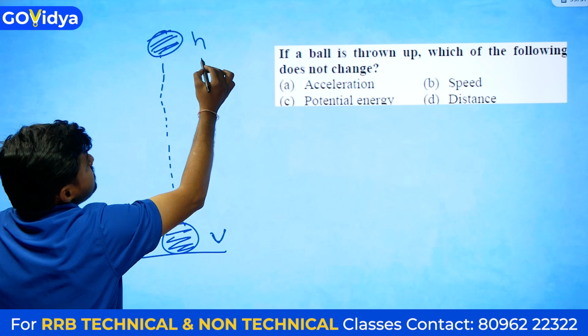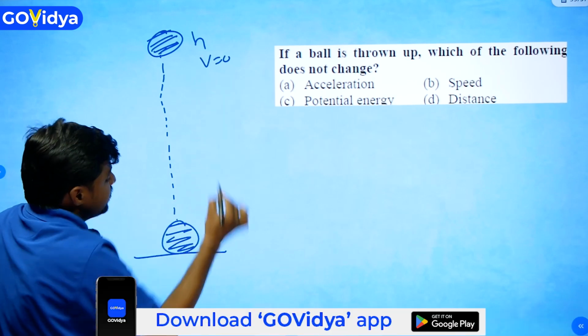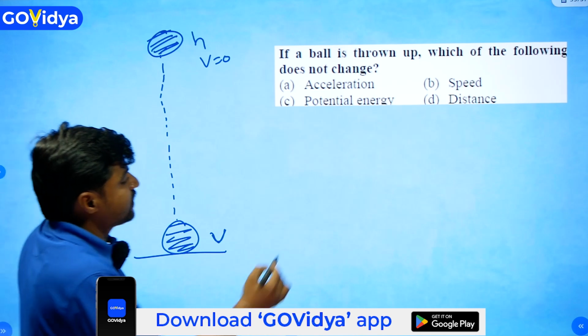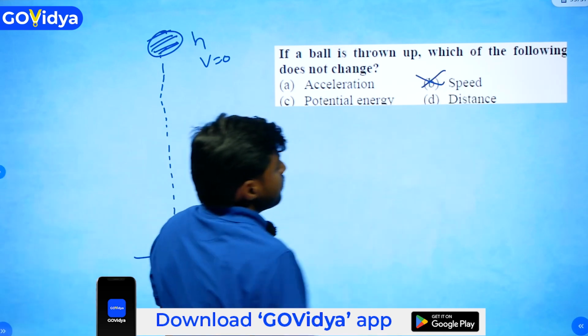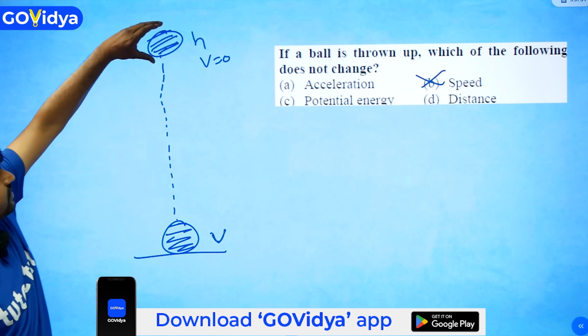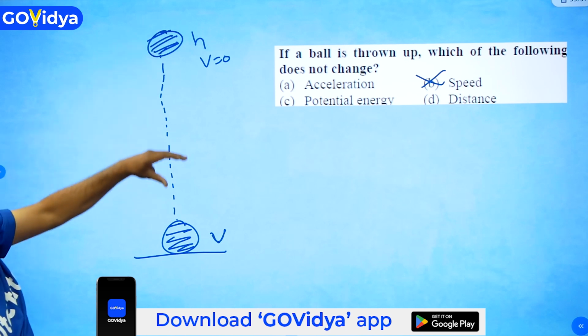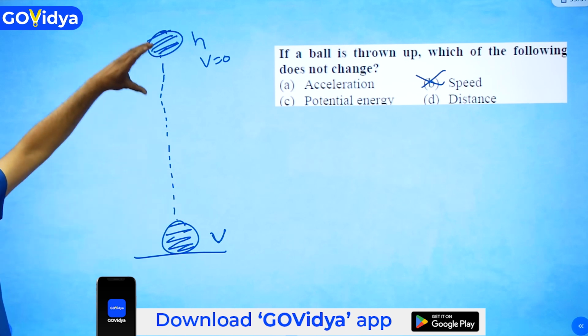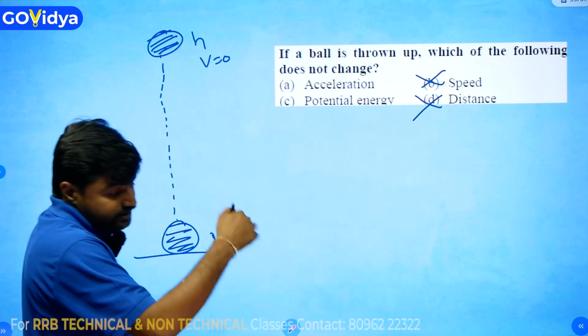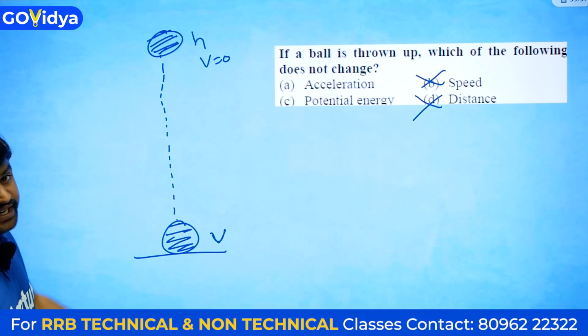At maximum height, speed is 0. Speed is changed from v to 0, which means speed is changing, so that option is wrong. Distance is also changing. Here distance is 0, here it is H, and again it will come to the ground, so distance is also changing. That option is wrong.